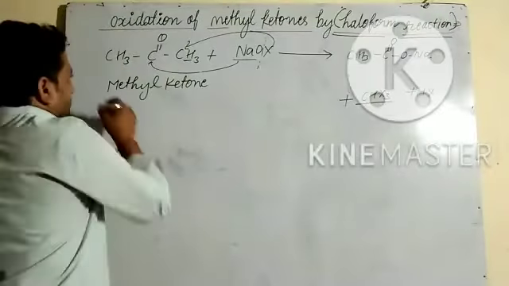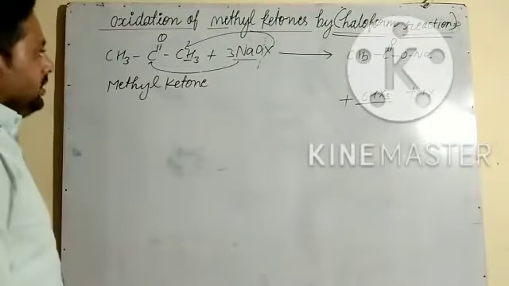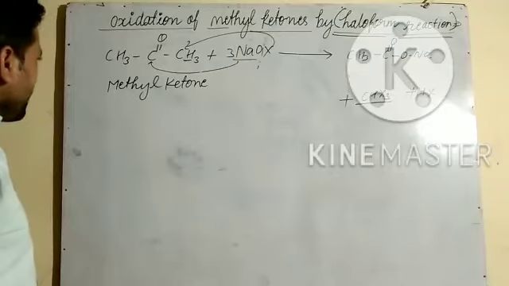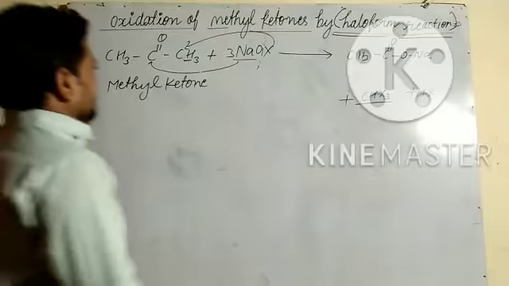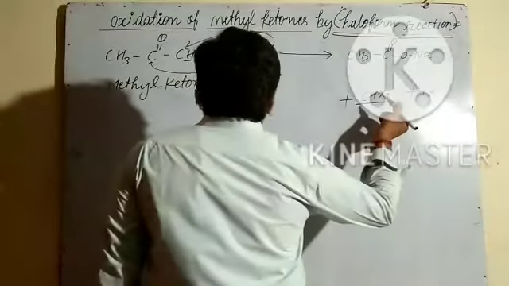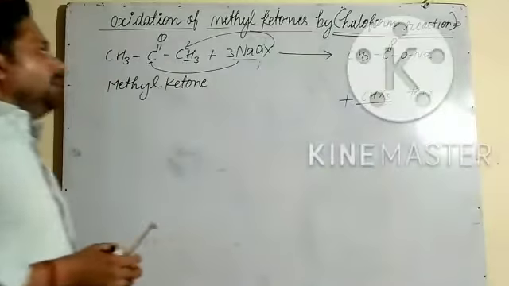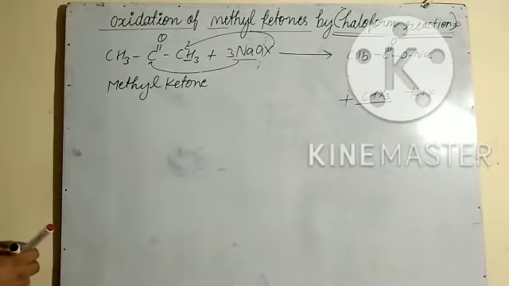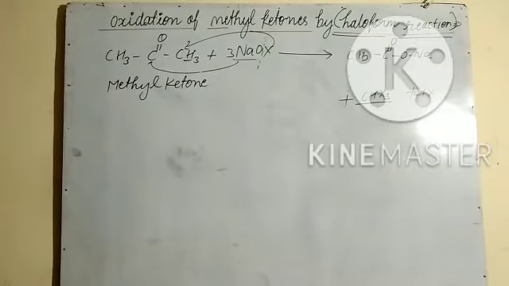So if we take 3 molecules of this, then we will get that product. That is the haloform reaction.